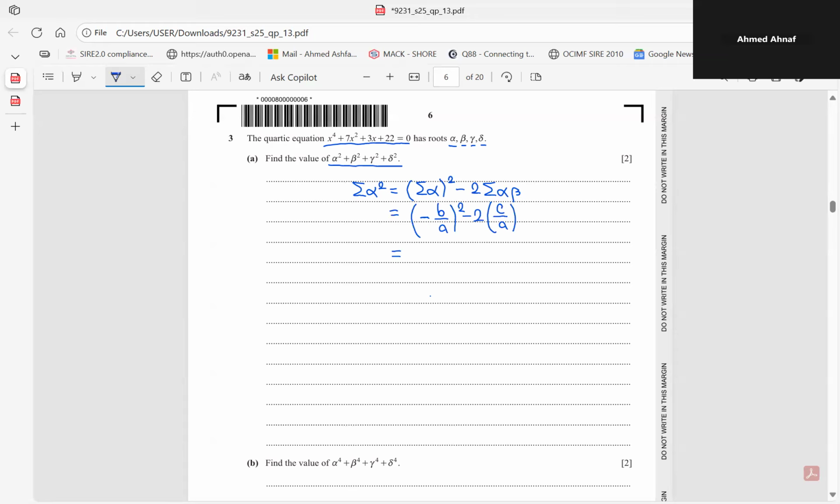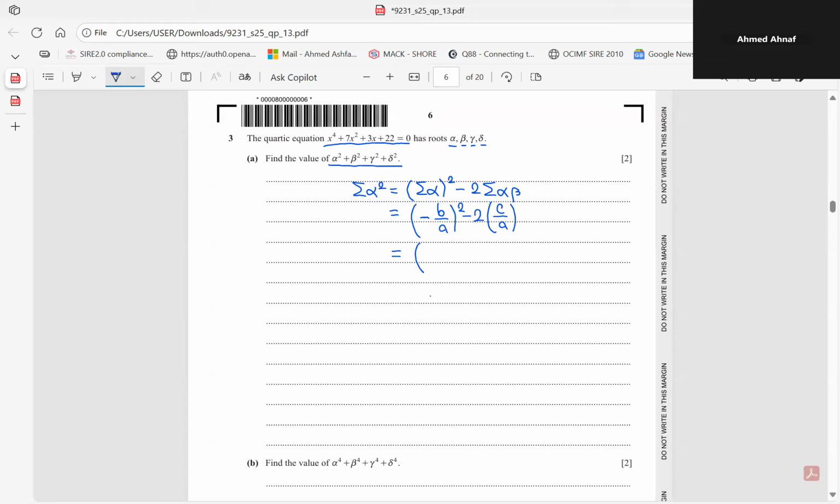Okay, so this is minus 0 over 1 squared minus 2 times 7 over 1. So this would just be minus 14. So this would be our final answer for this question. Let's head on to the next part.